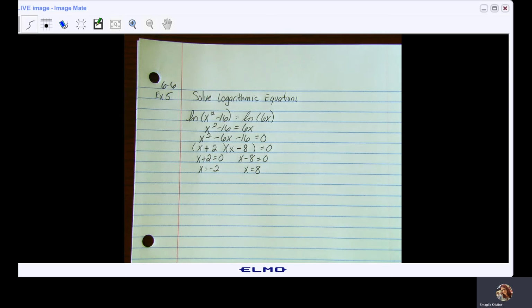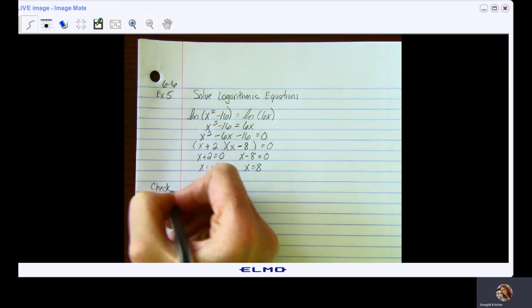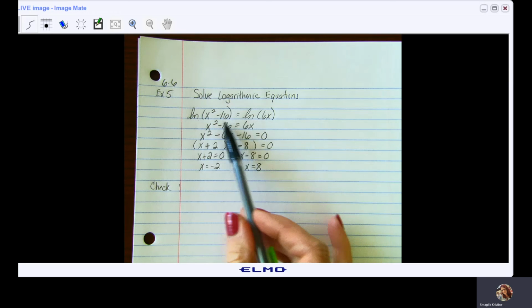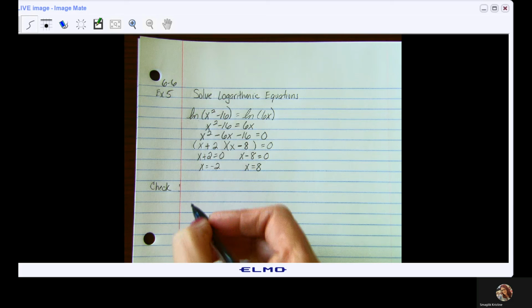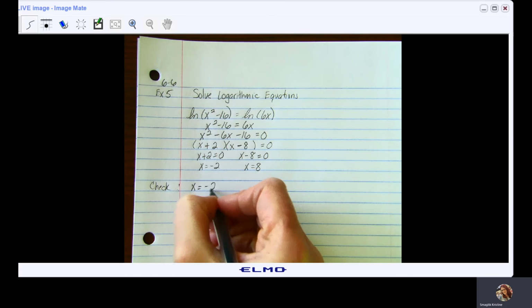But now I need to make sure that these are in fact solutions, so I'm going to check them. What I'm going to do to check them is input each of these x values into my original and make sure I get a valid statement out. So here we go. Let's check x equals negative 2.